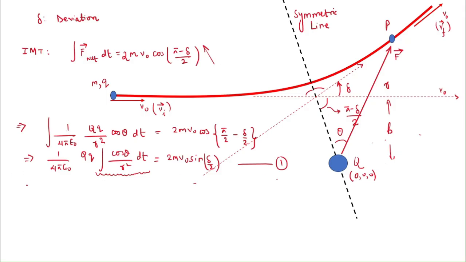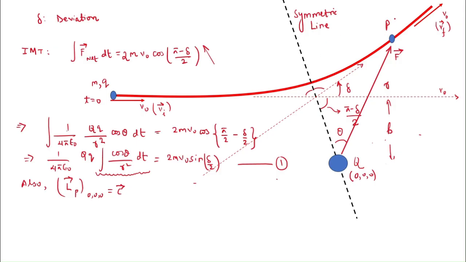Hence I can also say that the angular momentum of the particle P about 0, 0, 0 must be constant. Now that constant is obviously, if you look at the t equal to 0 situation, mv naught b in magnitude and pointing inside the plane of this drawing. So that constant is known to me.